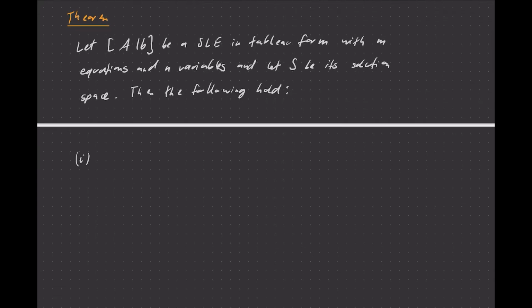First, as I said already, if the rank of the coefficients A is not equal to the rank of A extended by that one column B, and what we mean here is we take A and we just write one more column next to it, we take this extended coefficient set, then the solution space is empty. So in other words, we have no solution.